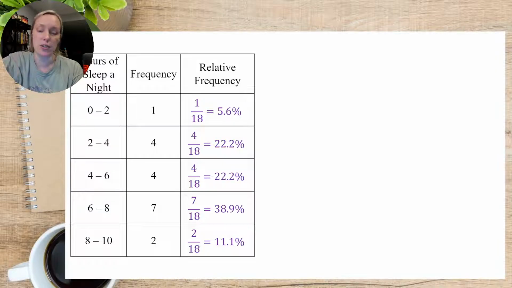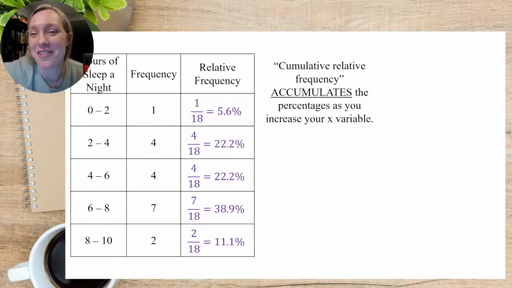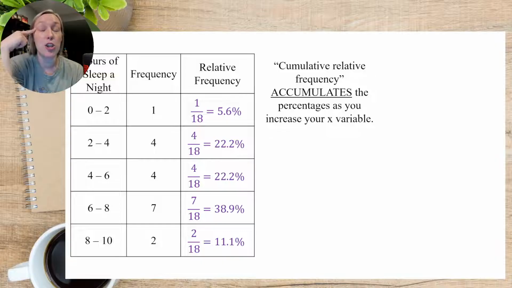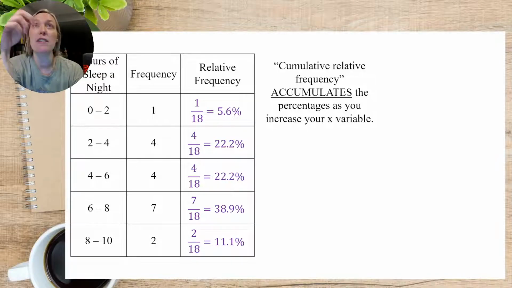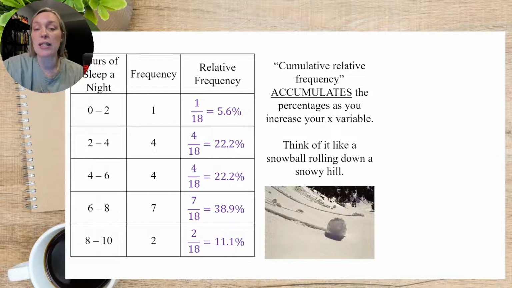Now to get the cumulative relative frequency, when you think of cumulative, think of accumulating. Cumulative accumulates the percentages as you increase your x variable. The way I think of this is a snowball rolling down a snowy hill.